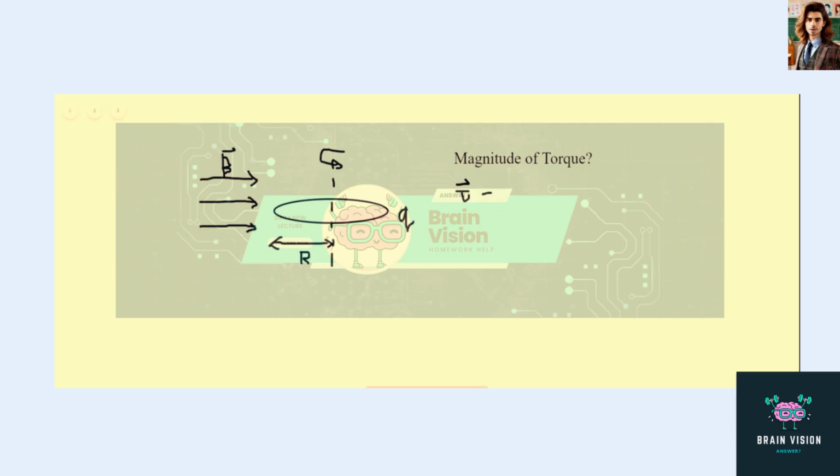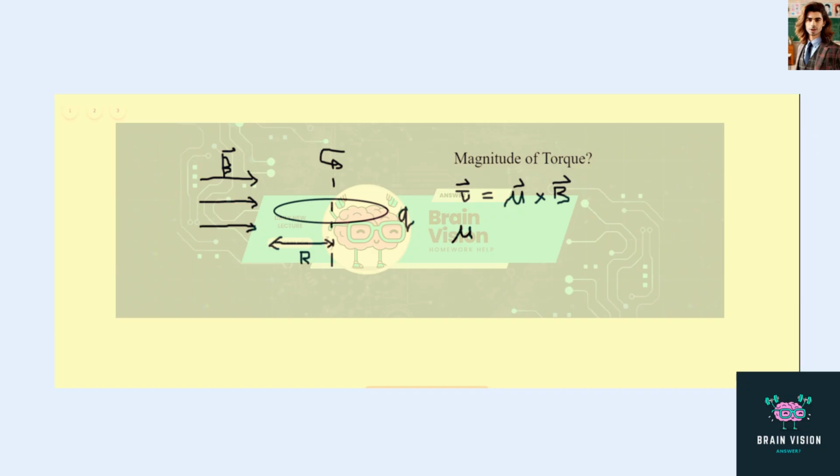This is the torque equals the magnetic moment mu cross B. Okay, so in this problem, B is known. It's pointing to the right with uniform value B. So the task that we need to do is to find magnetic moment mu.